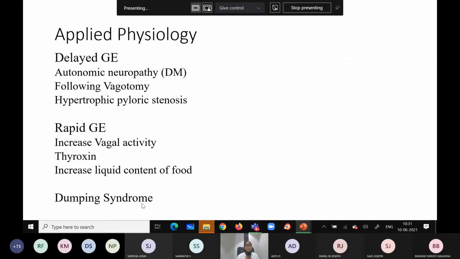Now you must know about dumping syndrome also. Dumping syndrome occurs in gastrectomy patients, in whom half of the stomach or some part of the stomach is removed surgically. What happens in them? Slow gastric emptying will not occur. Most of the gastric content will be suddenly poured into the intestine or duodenum. This may lead to several symptoms like giddiness and hypotension.